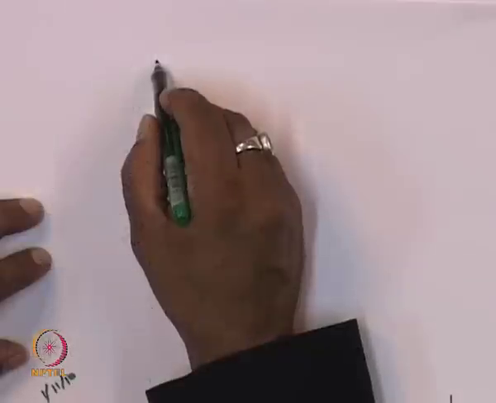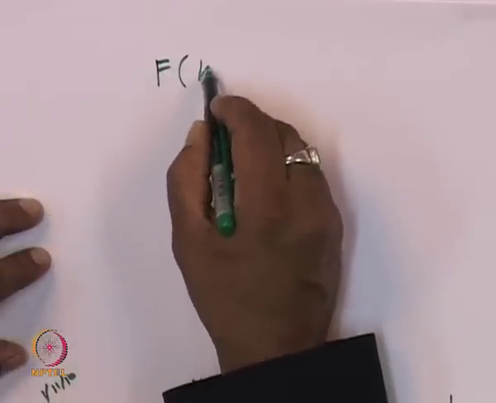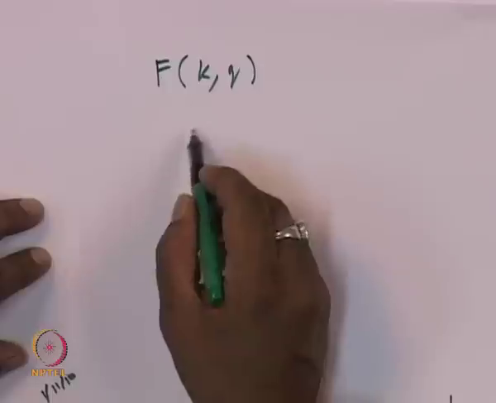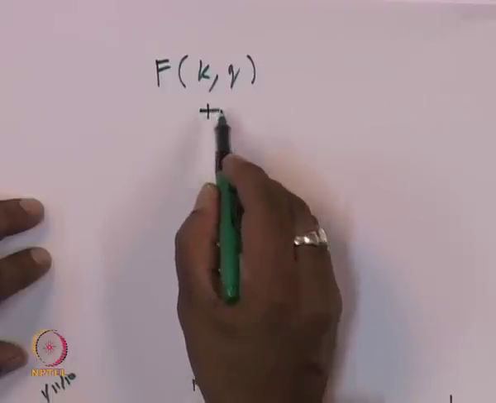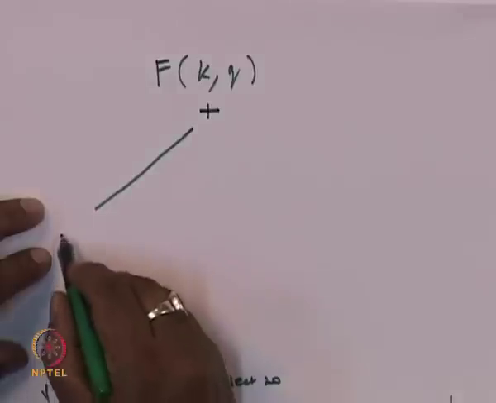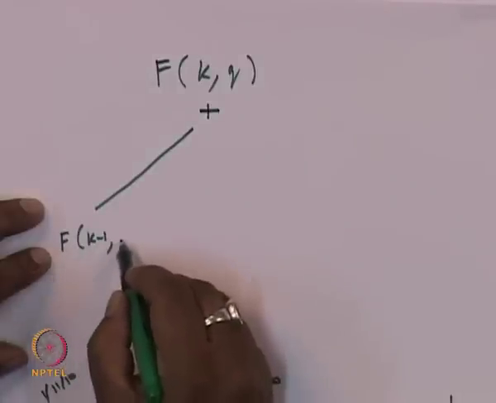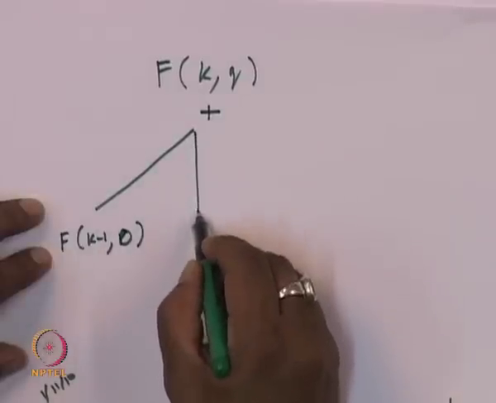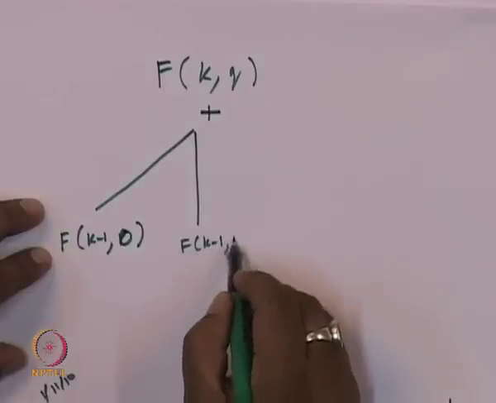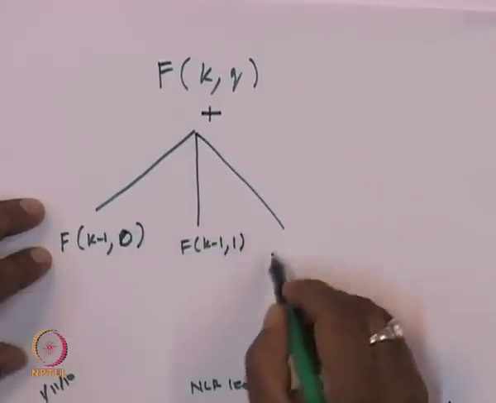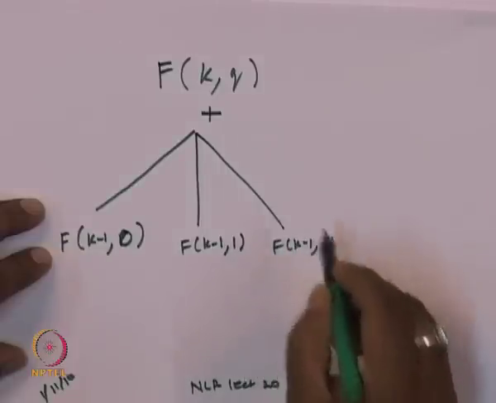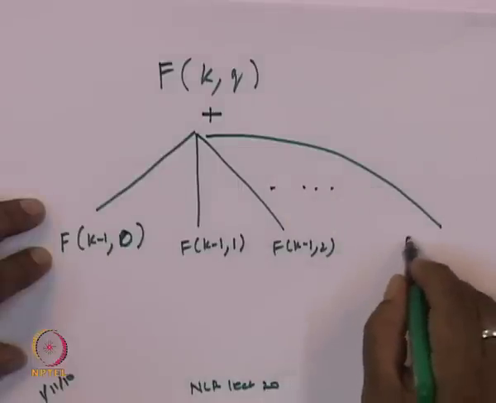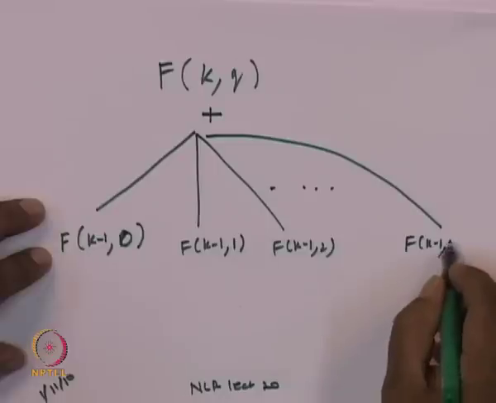So, f k q is nothing but a summation of f k minus 1 p values, which is f k minus 1 0, then f k minus 1 1, f k minus 1 2, and so on, f k minus 1 comma n.